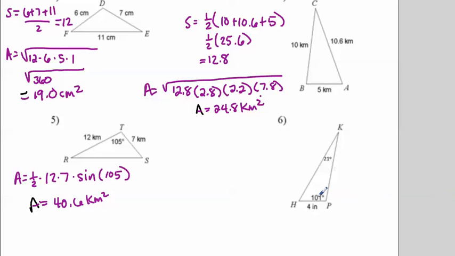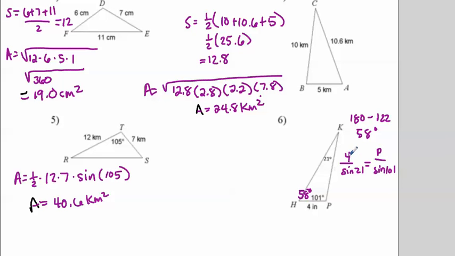So let me subtract these two from 180 to find angle H. So 180 minus 122. And I get 58 degrees right here. Okay, and then do some law of sines. So I have 4 over the sine of 21 equals, let's do P, P over sine 101.